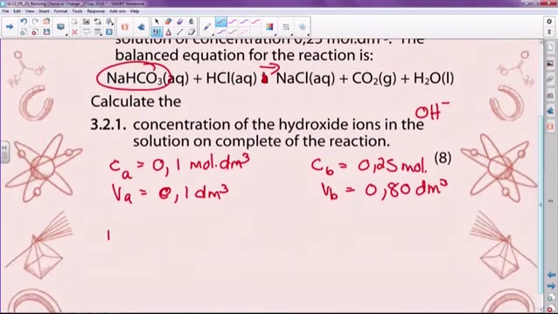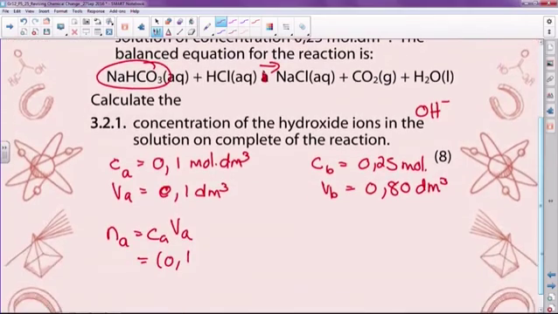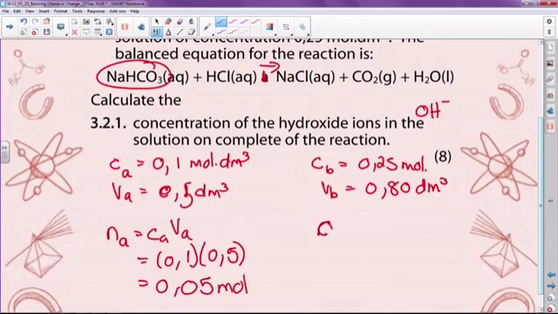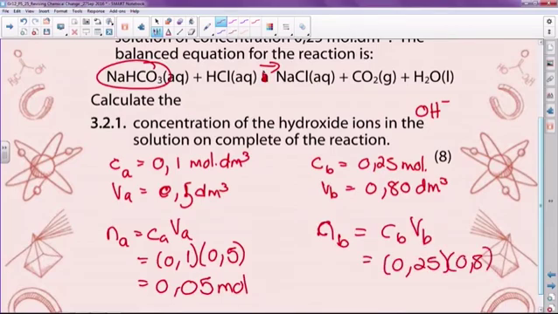So, first thing I'm going to work out is the number of moles of my acid, which is 0.1 times 0.5. So we have 0.05 moles of acid. The number of moles of my base that we're using is 0.25 times 0.8, and that gives me 0.2.